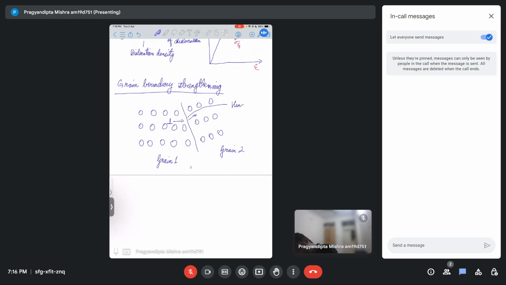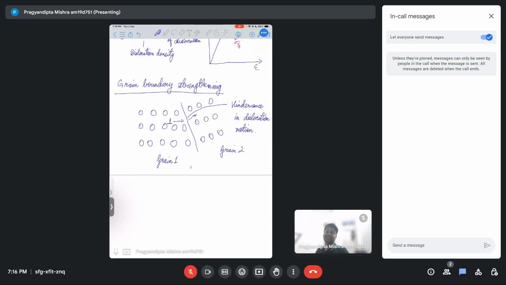So there's a hindrance in dislocation motion. Because of the orientation change, the dislocation directly cannot flow to grain 2, and therefore you will see that hindrance.